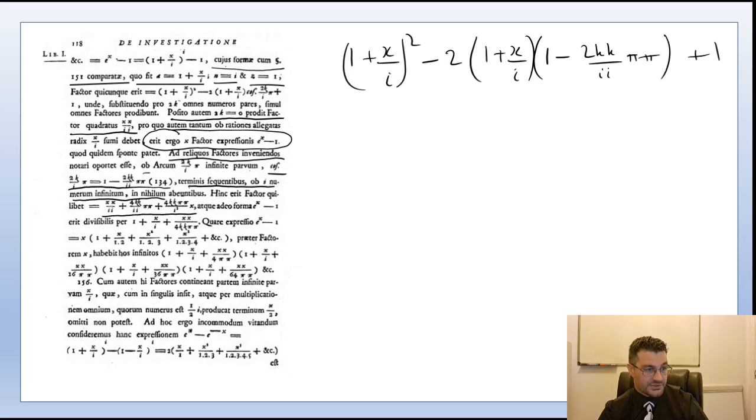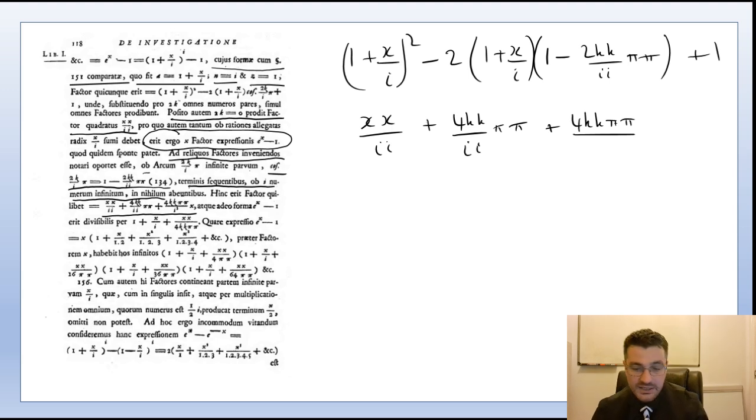I'm not going to go through it all on the screen here, but it just expands, simplifies effectively: xx over I plus 4kk over I pi pi plus 4kk pi pi over I cubed. Right, so, okay.